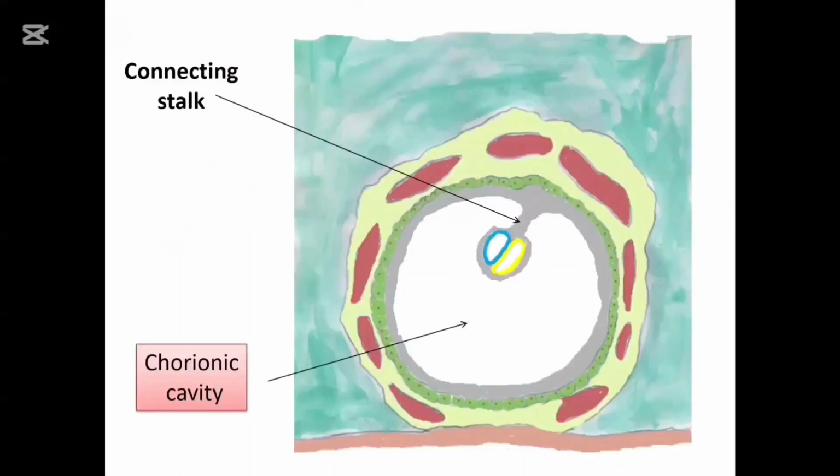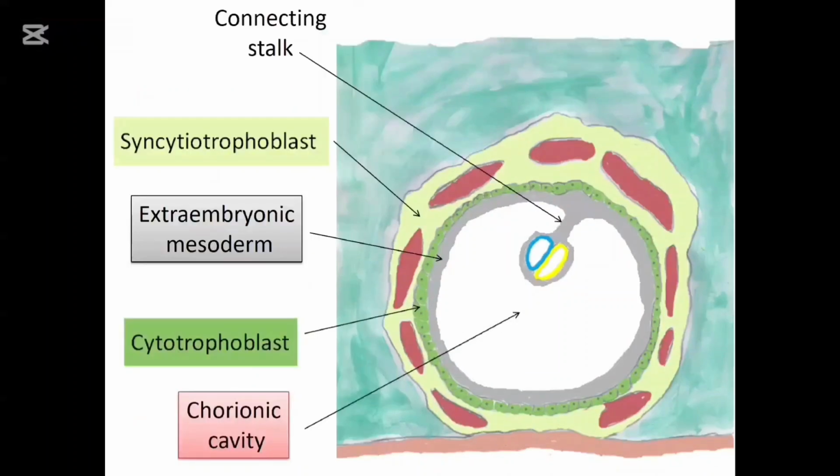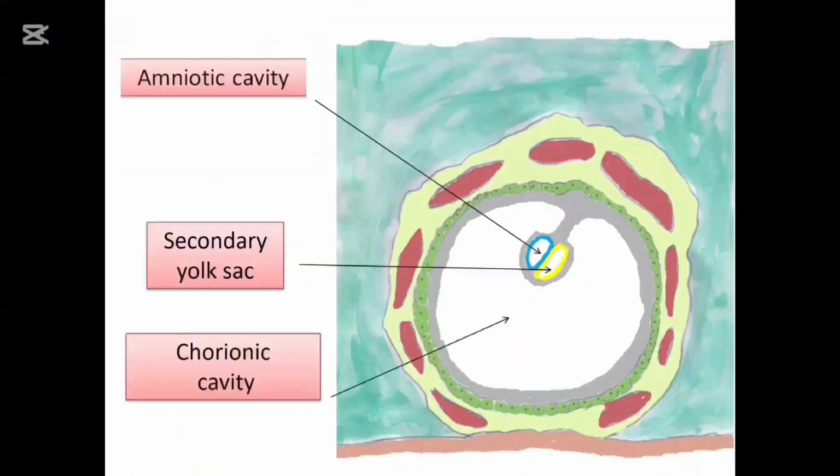Here is the connecting stalk, and this is the prototype of the future umbilical cord. Here is the stalk, syncytial trophoblast, extraembryonic mesoderm in gray, cytotrophoblast, and chorionic cavity. And of course, these are the three cavities: amniotic cavity, secondary yolk sac, and chorionic cavity.